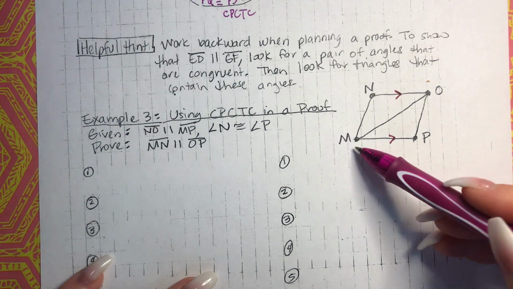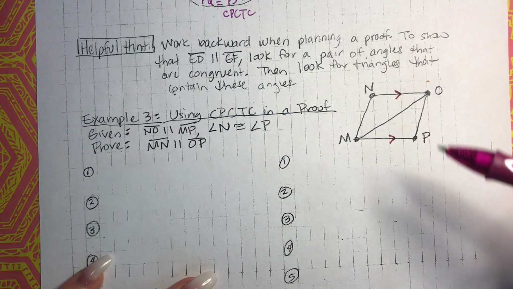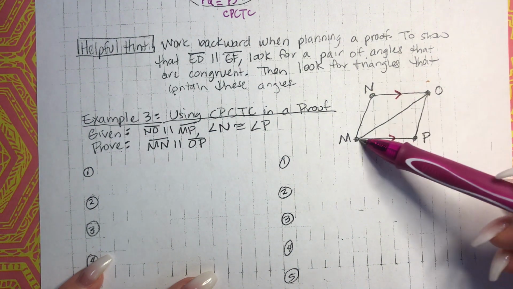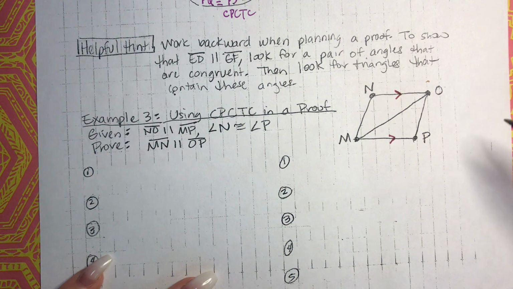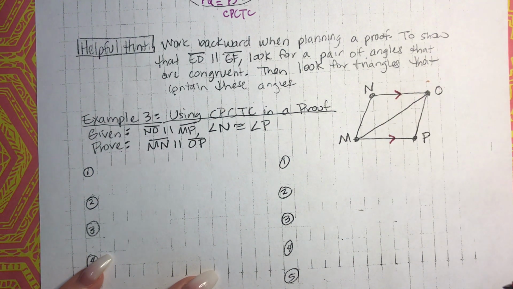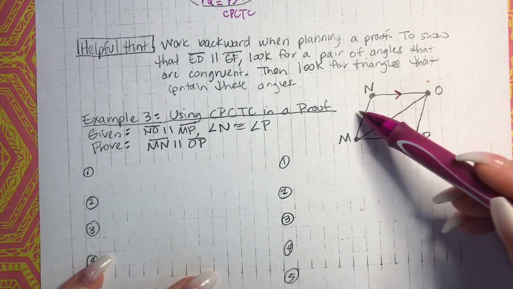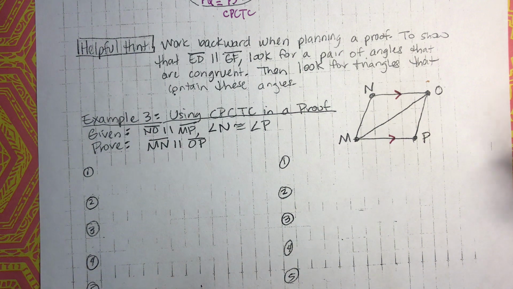If I had to bet on it, I'd bet it would probably be this transversal here that we would be using. Those two lines being parallel and having a transversal is probably for the point of saying that two angles are congruent. And you see there's an angle here and an angle there, one in this triangle and one in that triangle. So that might be something.